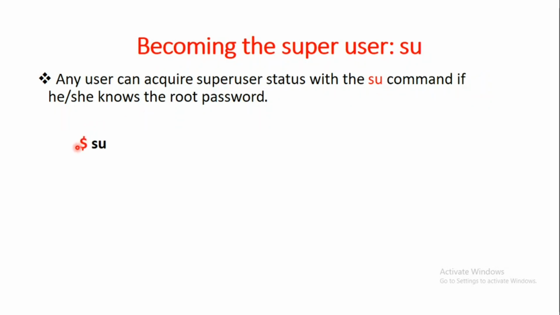As you can see, the dollar represents that you are a normal user, and the su command is used. When the su command is executed, it will ask for the password of the root user. If a valid password is entered, then the normal user will get the privileges of a root user. So two things are very important here: making use of the su command, and more importantly, the password of the root user should be known.